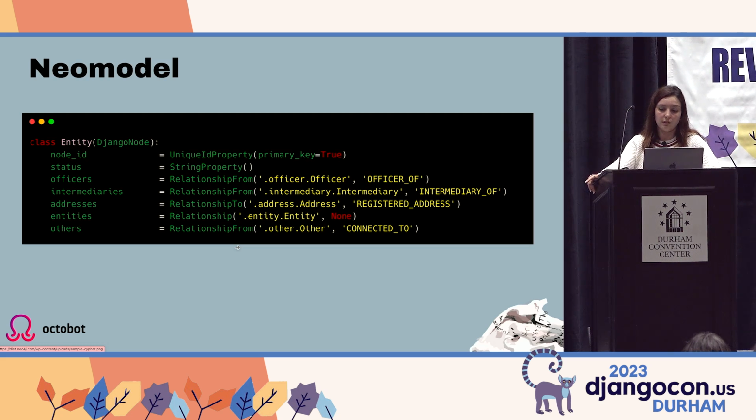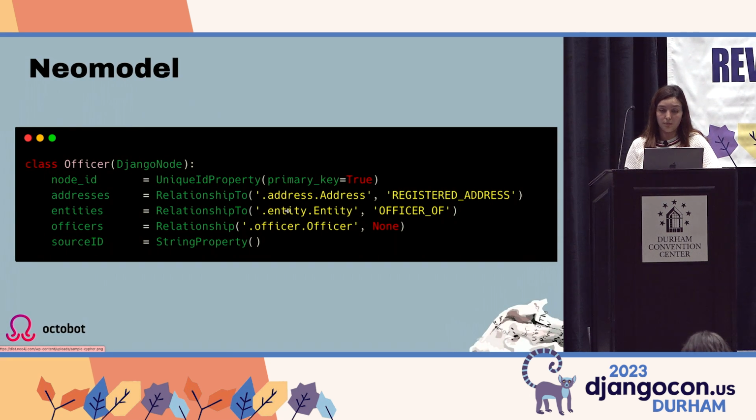I mean, nodes are defined in the same way classes are defined in Python, with the only difference that we must define properties as neomodel property objects. And we also have to define which is going to be the ID. In this example it's node ID, and we just write UniqueIdProperty.